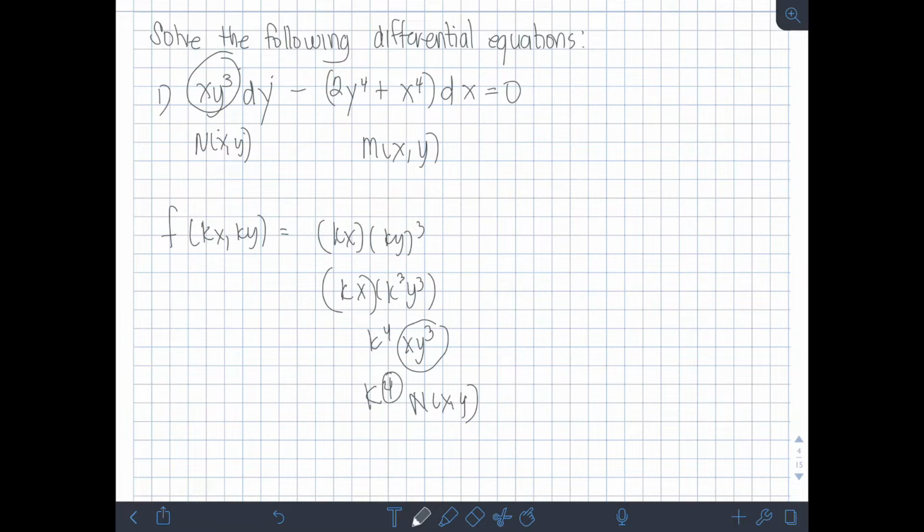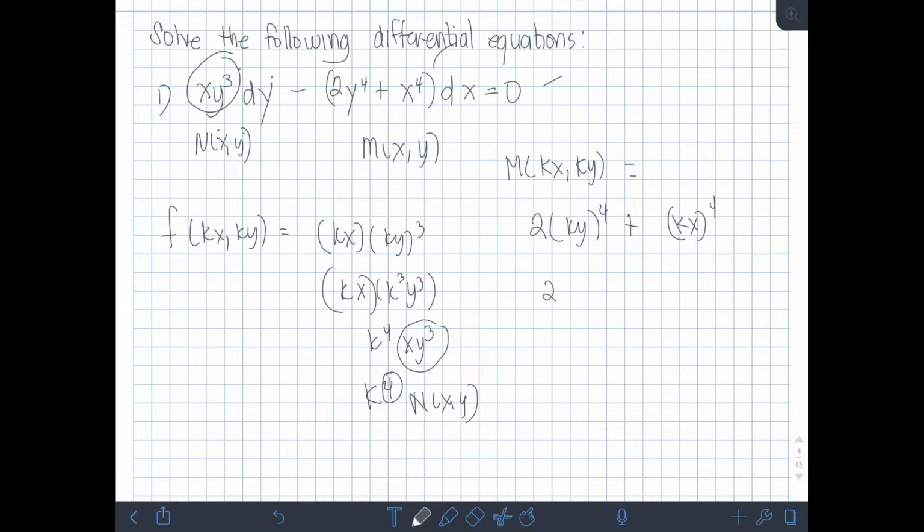So, dapat homogeneous din itong M of x, y natin at dapat degree 4 din para masabing homogeneous itong whole differential equation. So, substitute natin yung M of kx, ky naman. So, dito tayo ngayon. 2 times yung y magiging ky to the fourth plus itong x to the fourth magiging kx raised to the fourth.